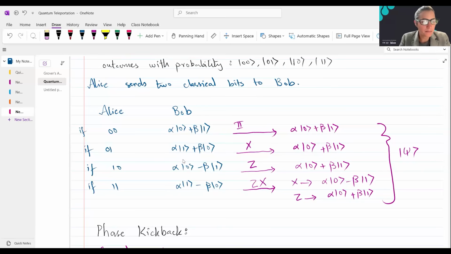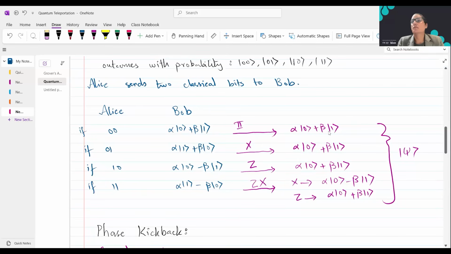That's a very good question, actually. The only information Bob has is this: when he receives the 2 classical bits from Alice, then based on those 2 classical bits, he's going to apply some operations, right? But the amplitudes alpha and beta are not specified to Bob. So Bob does not know a priori what the amplitude of qubit 0 is going to be, or the amplitude of qubit 1 is going to be, right?